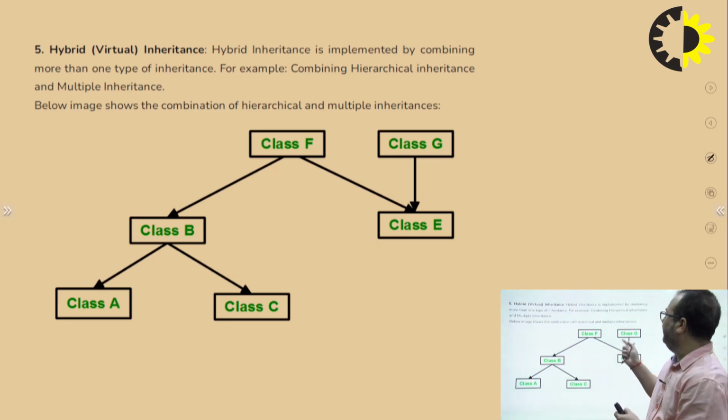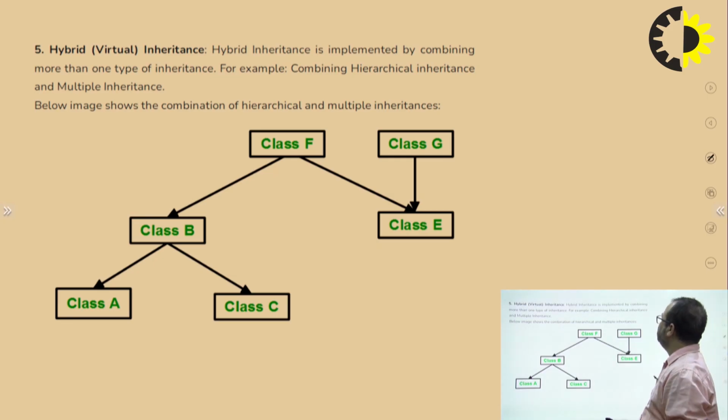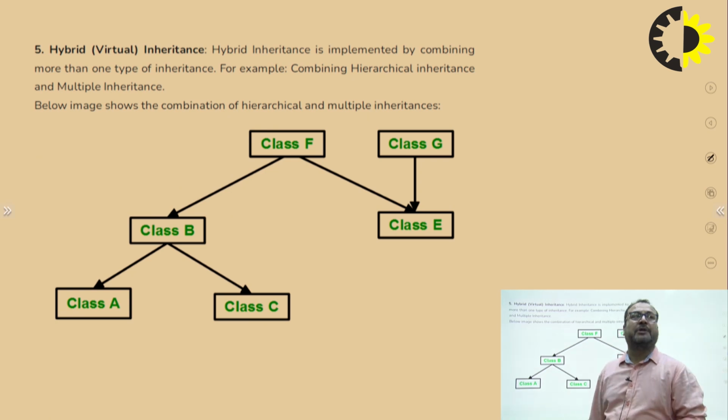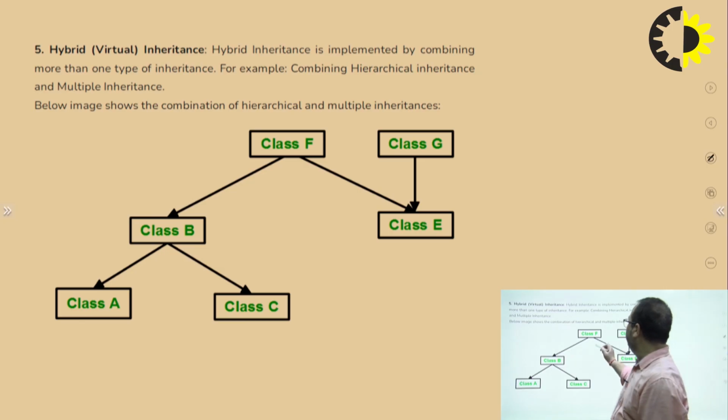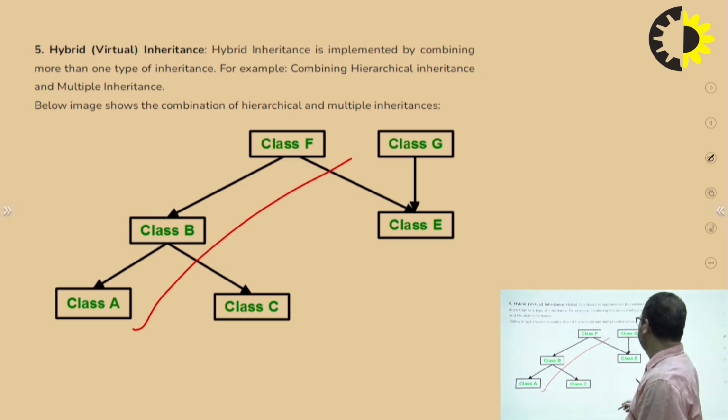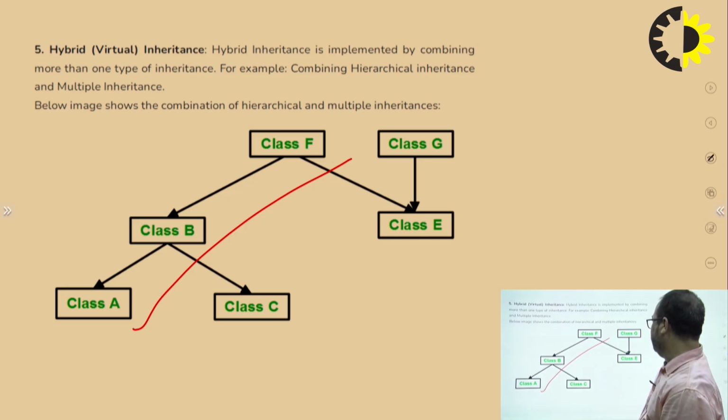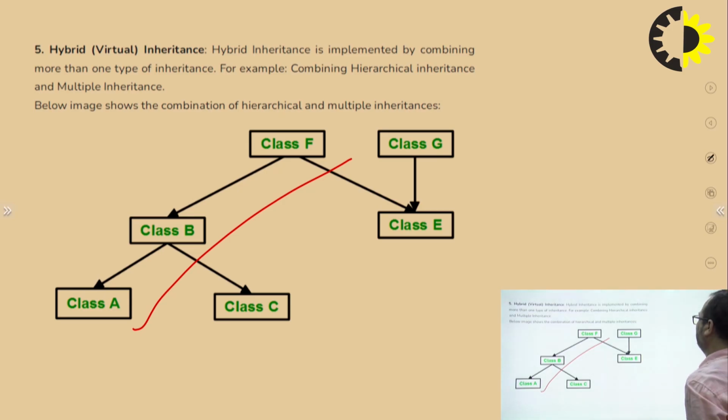So hybrid inheritance is implemented by combining more than one type of inheritance. For example, you can see that this is multi-level, and this one is hierarchical as well, and there is a class which inherits more than two. Is there any class which could inherit more than two classes?